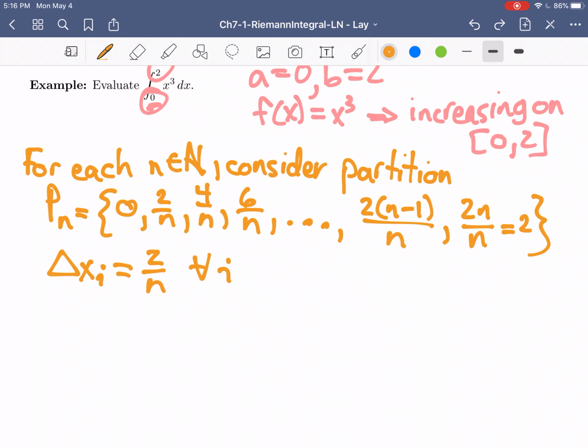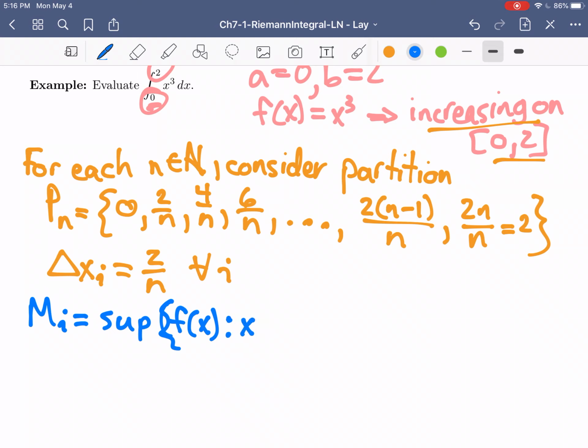We observed that this was an increasing function earlier, and so since this is an increasing function, M sub I, which is, remember, our maximum, like the supremum of all the function values on some interval, such that x is in a particular subinterval.